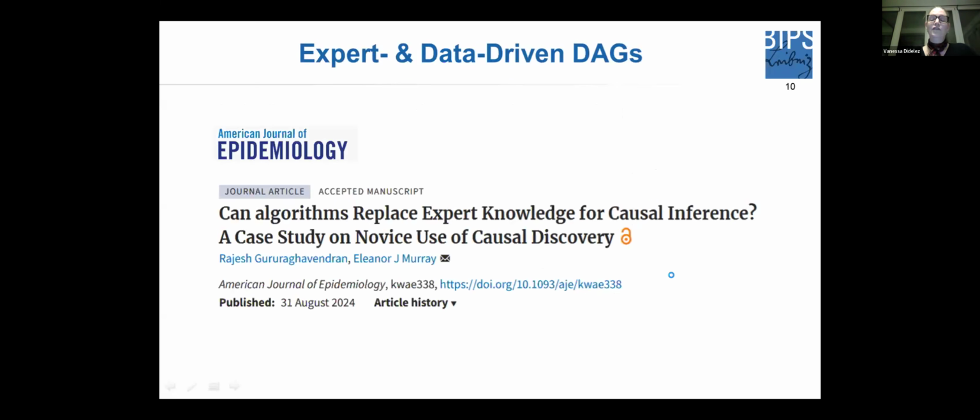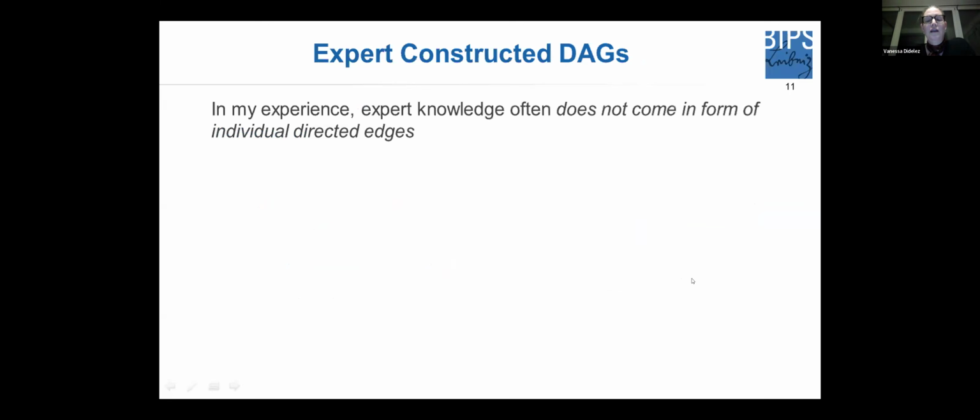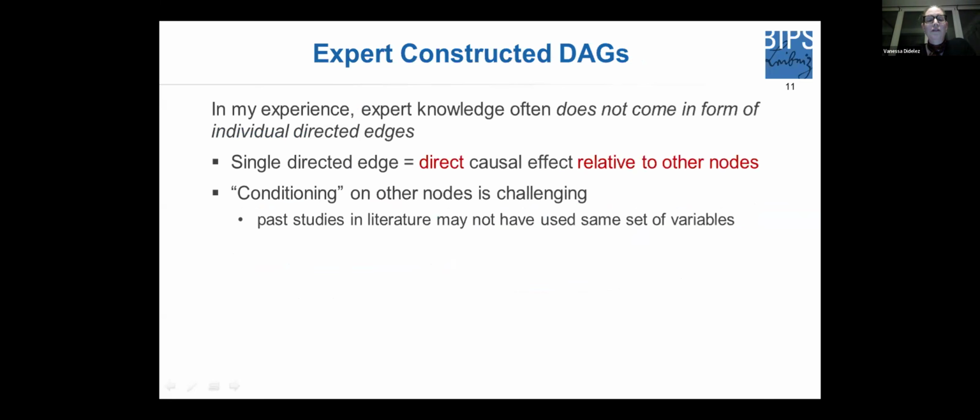About the expert side of things that Anne mentioned, there's this critical article which maybe was in response to Anne's work, and they are a bit more extreme because they say, can we replace expert knowledge by algorithms? And they are very, very critical. But as we have seen, there's also good reason to doubt expert knowledge. There are lots of problems with how experts construct their knowledge.